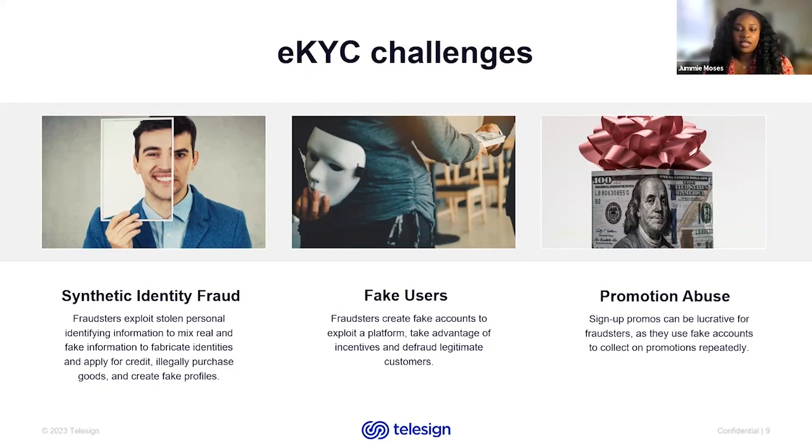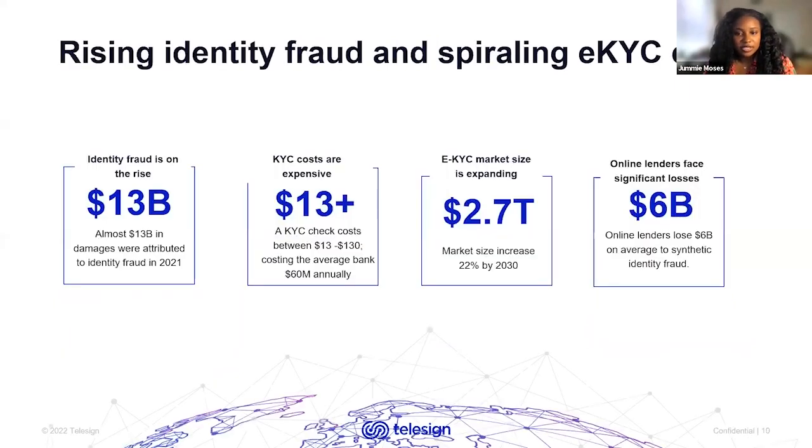And other challenges are fake account registration and promotion abuse. Fraudsters essentially create fake accounts to exploit a platform, defraud legitimate users, and take advantage of sign-up promos to collect on bonuses repeatedly. And these challenges have contributed to a rapid rise in identity fraud and spiraling eKYC costs. In 2021, almost $13 billion in damages were attributed to identity fraud.